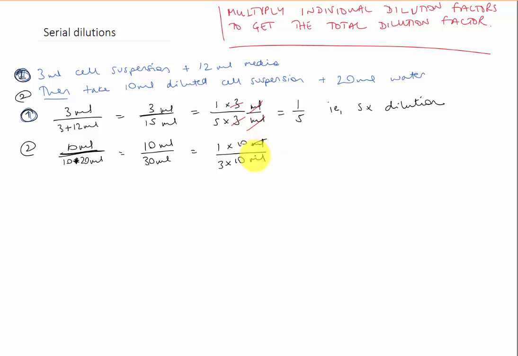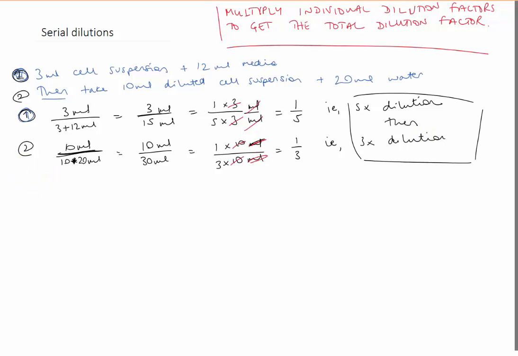We can cancel out the units, because dilution factors don't have units. And we can cancel out these 10's. So that gives us 1 over 3, i.e. a 3 times dilution. Okay, so that's all old news, hopefully.